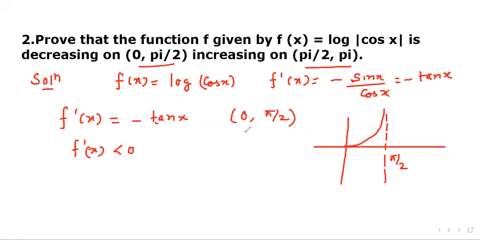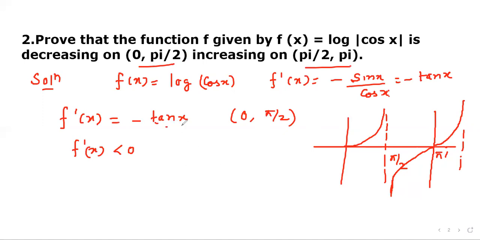Now, second interval is pi by 2 to pi. Graph will be like this. Clearly, between pi by 2 to pi, tan x is negative. This is the portion. Graph is going downward.